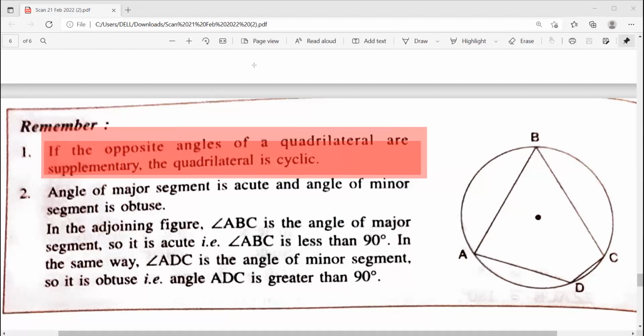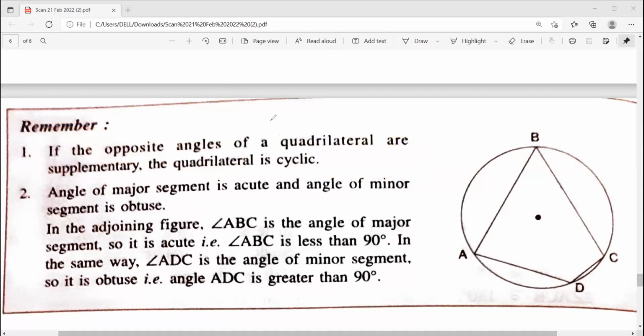I hope you understand the meaning of converse. In the above theorem, you said that if the quadrilateral is a cyclic quadrilateral, then the opposite angles of the quadrilateral are supplementary. And here you are saying, if the opposite angles of a quadrilateral are supplementary, then the quadrilateral is a cyclic quadrilateral.